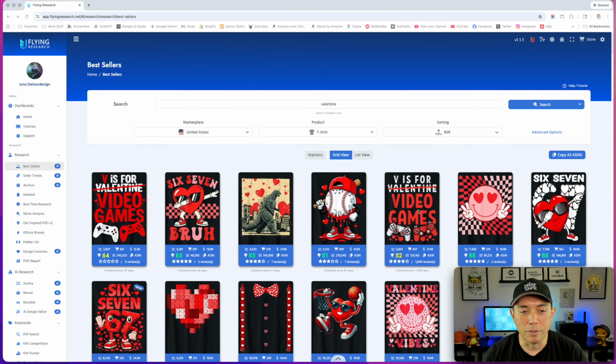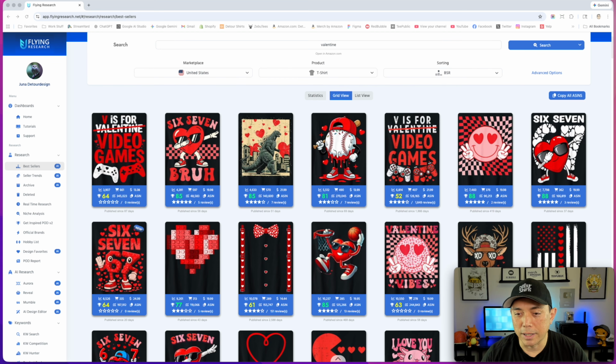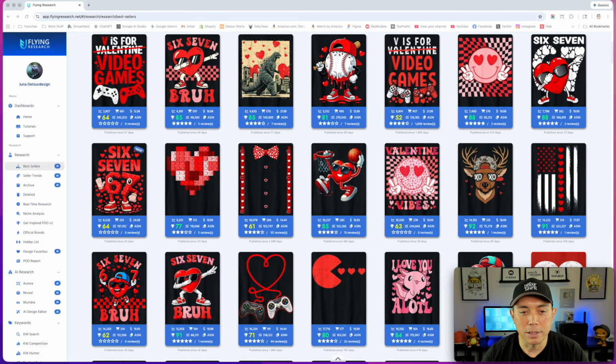So especially if you're doing the 671, someone might not even buy that again. It might not even be trendy next year this time. But V for Valentine video games, they're probably only going to wear this for Valentine's Day, which is cool. This one as well. A heart dabbing, probably heart playing basketball, probably just for Valentine's Day.